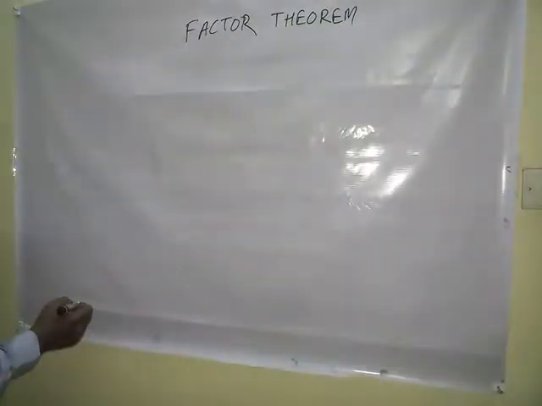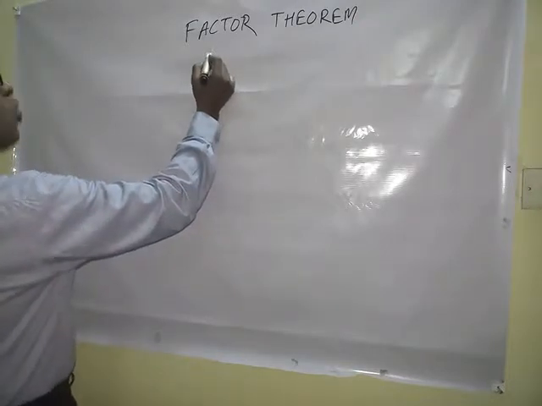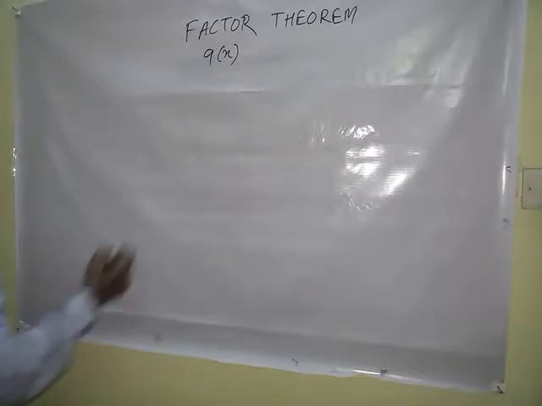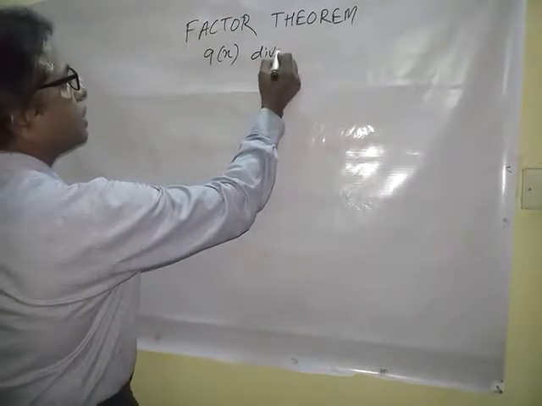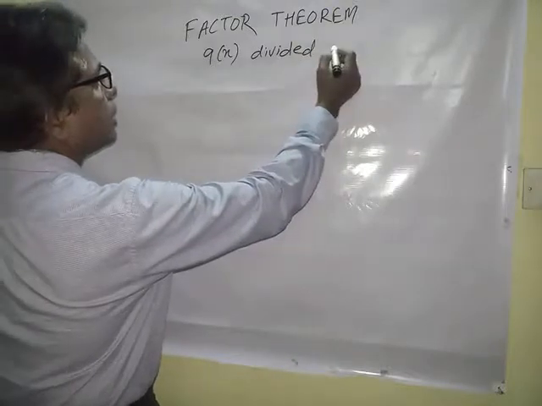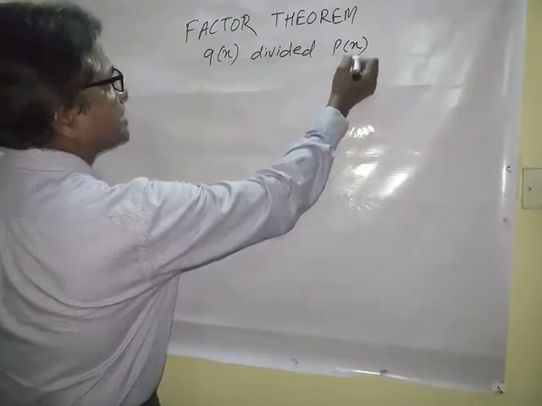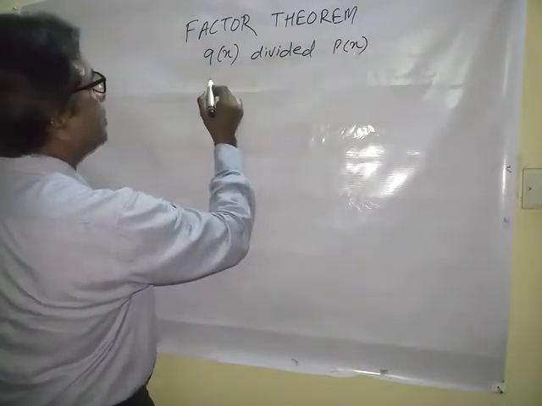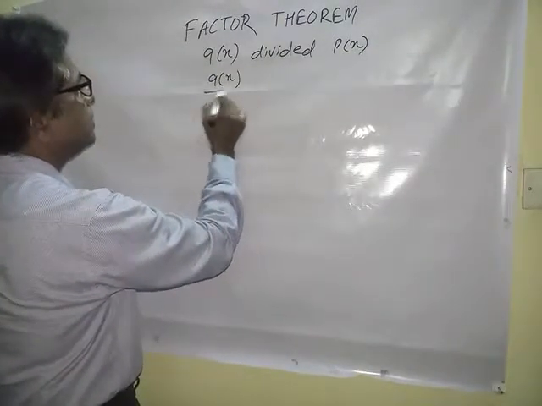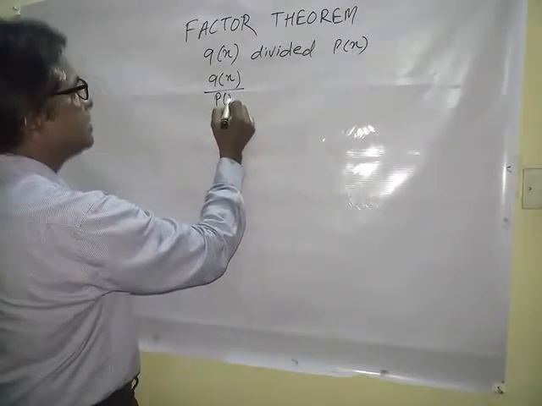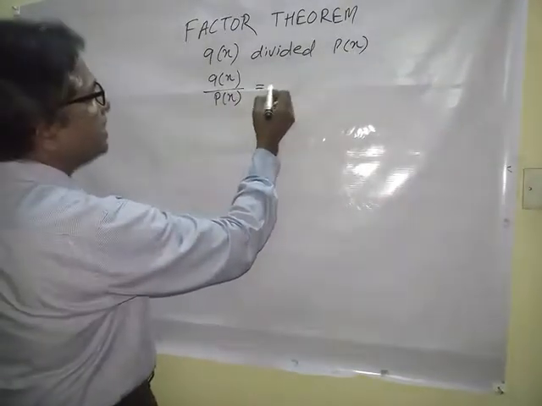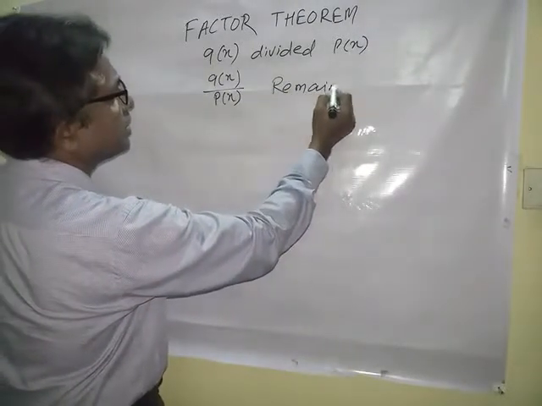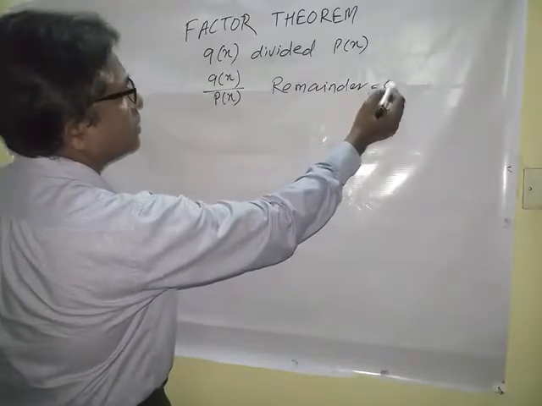A polynomial Q(x), suppose this is a polynomial, is divided by P(x) completely, that is, if Q(x) divided by P(x) is divided completely and the remainder is 0.